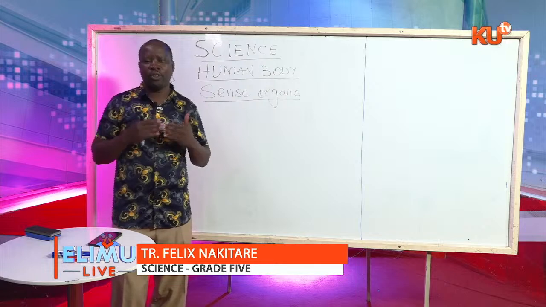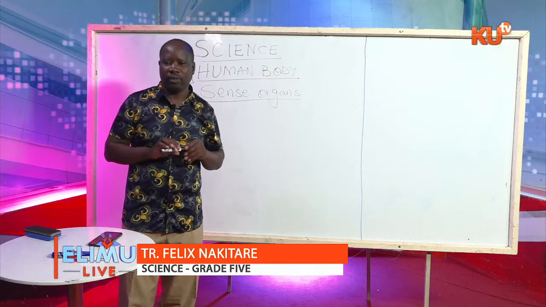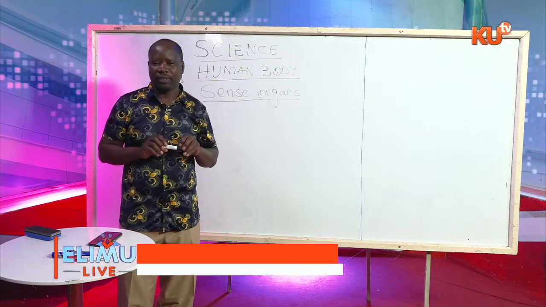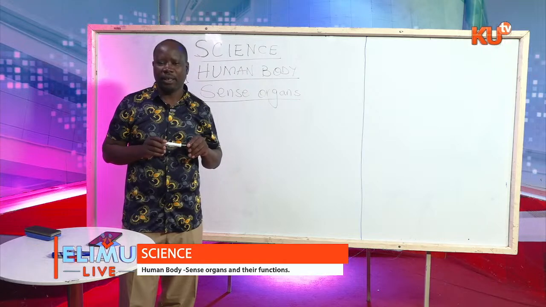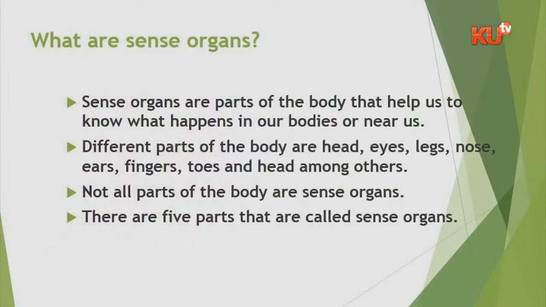Out of all those many parts, there are a few that are called sense organs. We need now to know them. As we go to the next slide, we shall see each of them and see how many sense organs we have, because not all parts of our body make the sense organs.